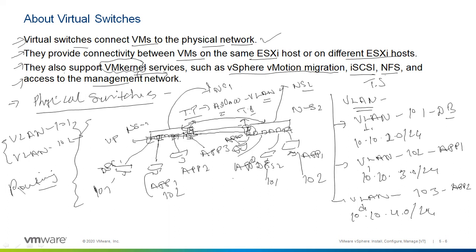Once we configure the routing between these VLANs, my DB servers will start to talk to my app1 servers. For that, we require routing. So that's how basic and fundamental networking is done in the physical switch environment.